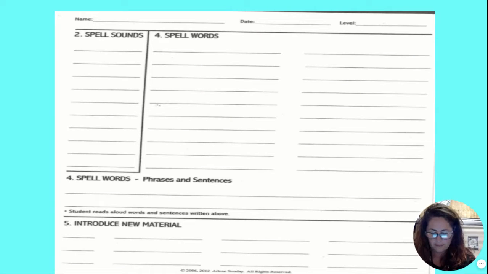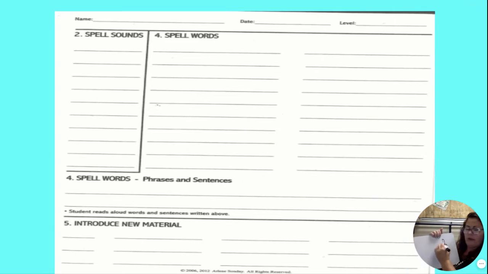All right, listen, and then also for error corrections, for example, say they made a mistake. You would say, I see, I wanted D. Okay, what letter makes the D sound?